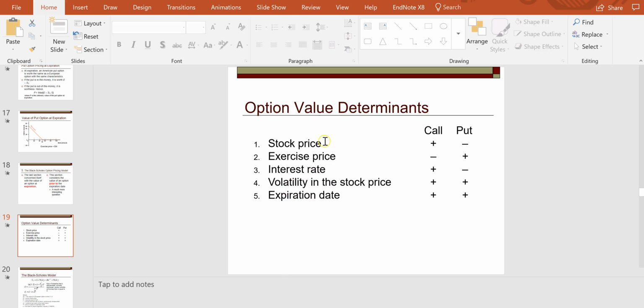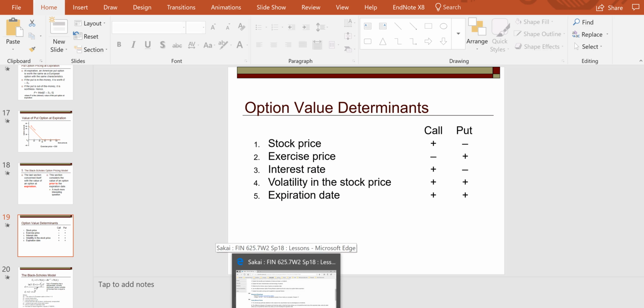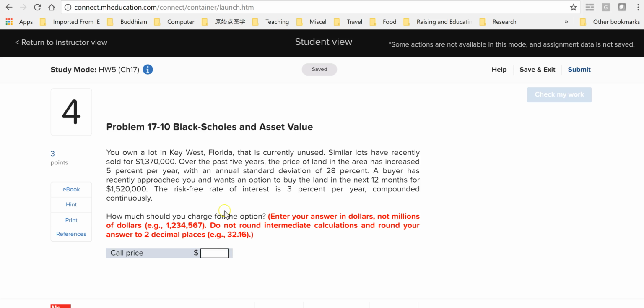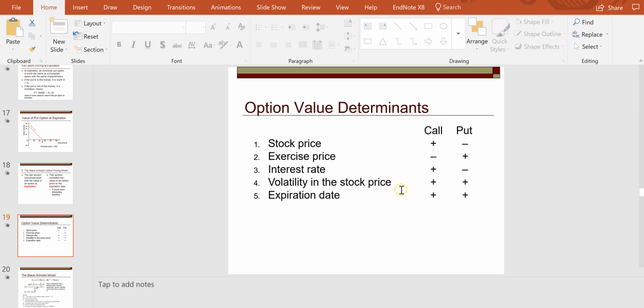Even though we use stock price here, translating into this setup, we should use the asset price, the real estate, the land price in this example.